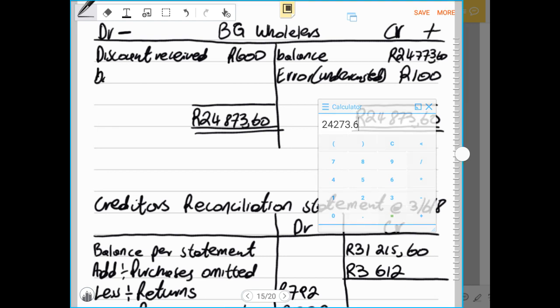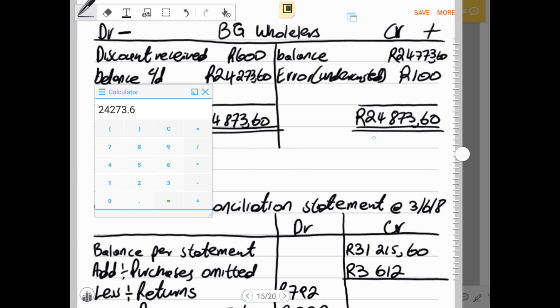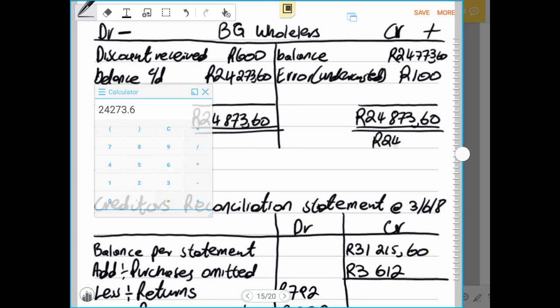This gives us a balance carried down of 24,273.60. This is a balance brought down.